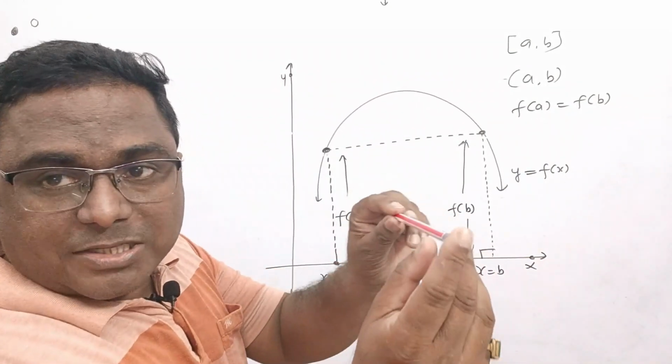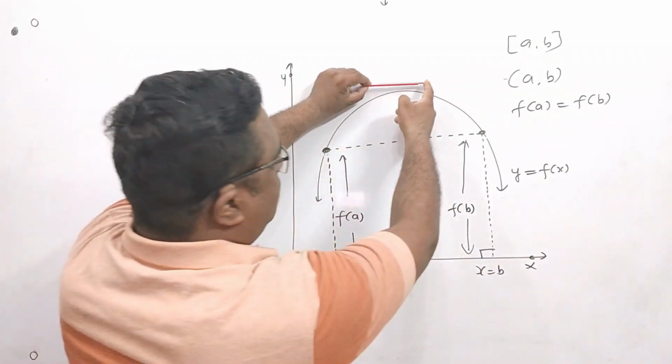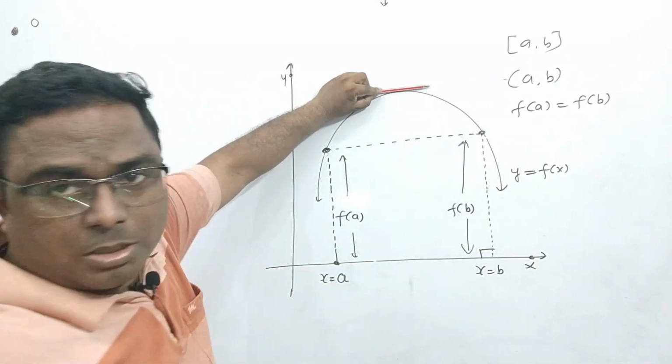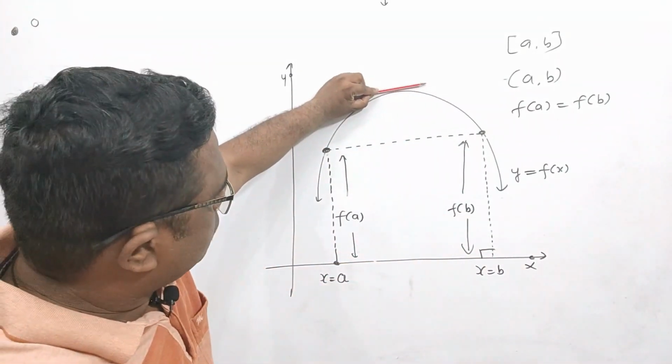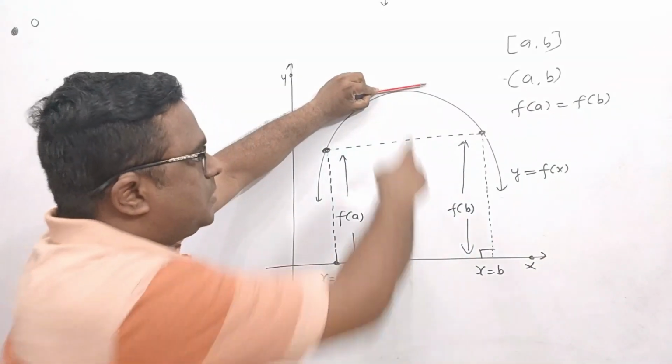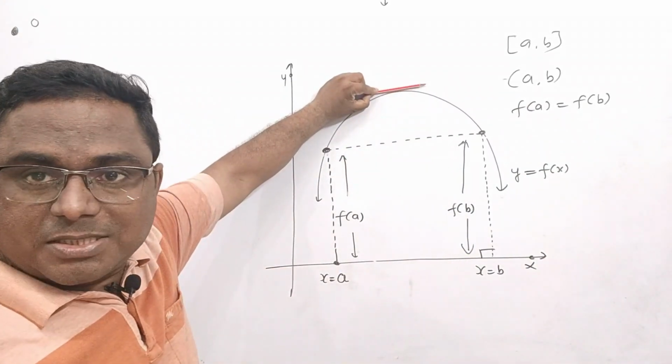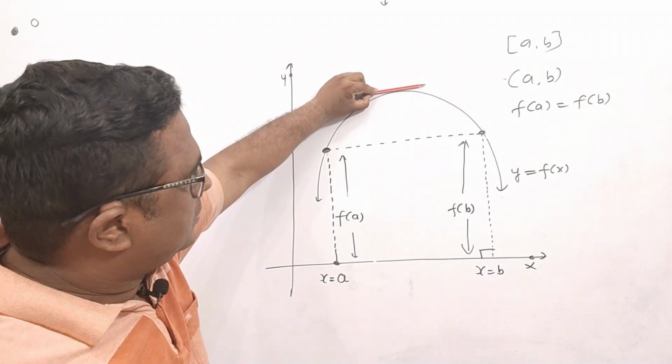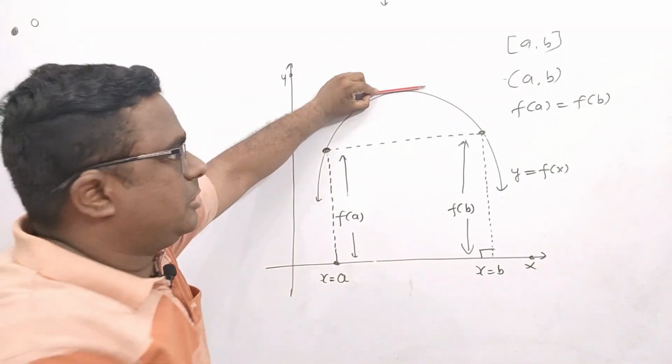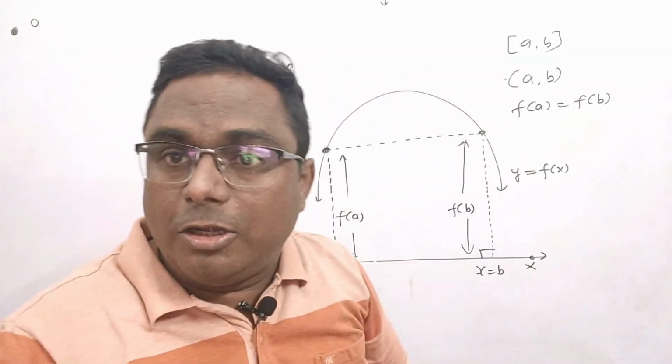Let us put my pencil in that situation. If I put my pencil in this situation, then what is happening? In this situation, this pencil is becoming parallel to the x-axis. Alright? So this is the situation when the tangent is becoming parallel to the x-axis.